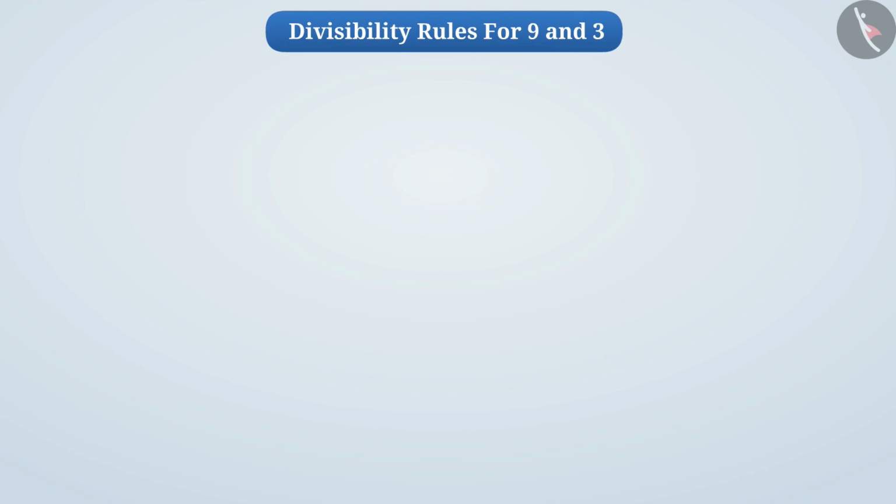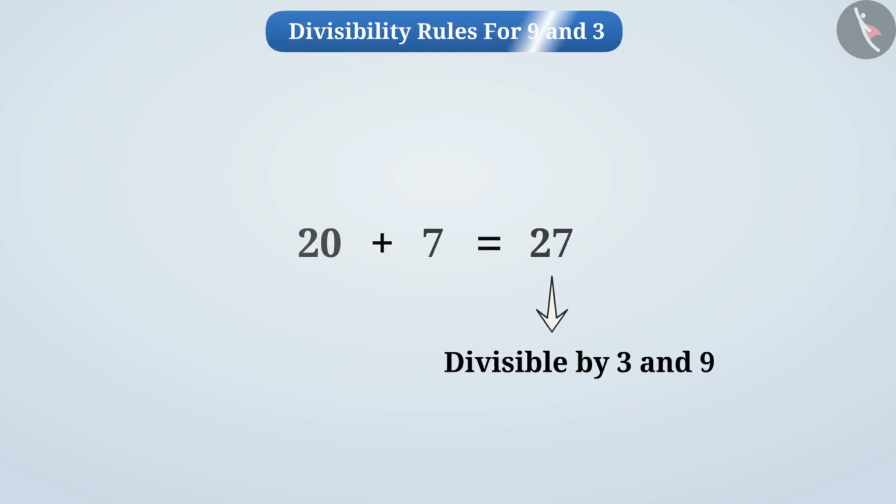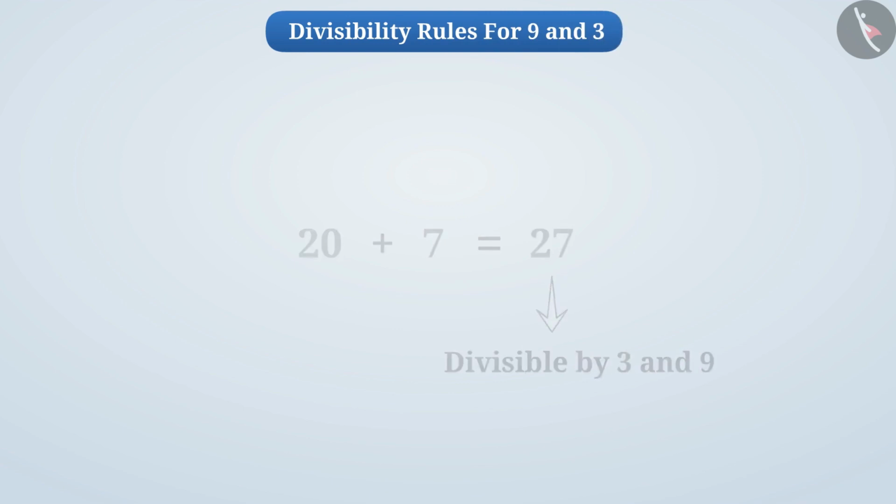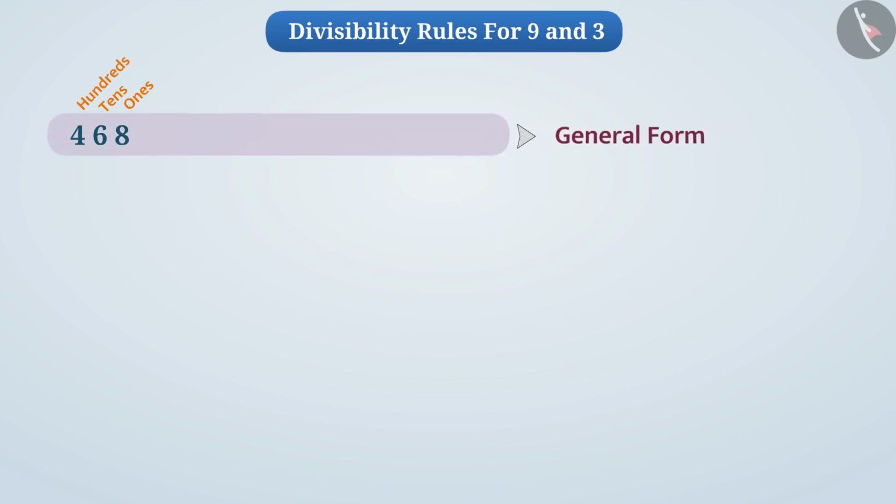Let us now understand how we check the divisibility of a number by 3 or 9 by looking at the sum of the digits. Let's take the number 468. In this number, 8 is at 1's place, 6 is at 10's place, and 4 is at 100's place. We can write this number in general form. 468 is equal to 100 multiplied by 4 plus 10 multiplied by 6 plus 8.